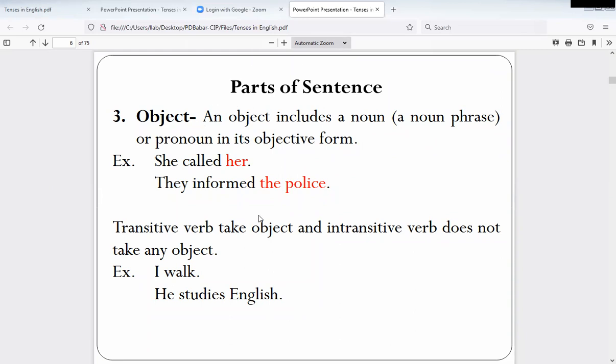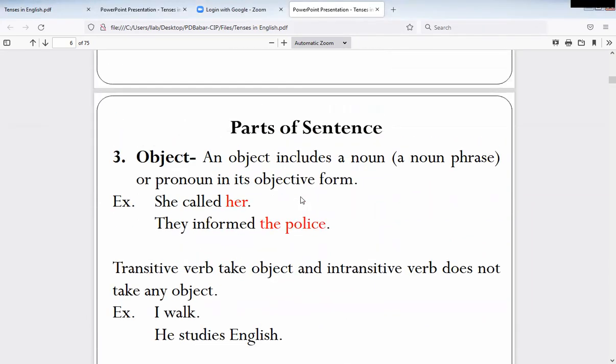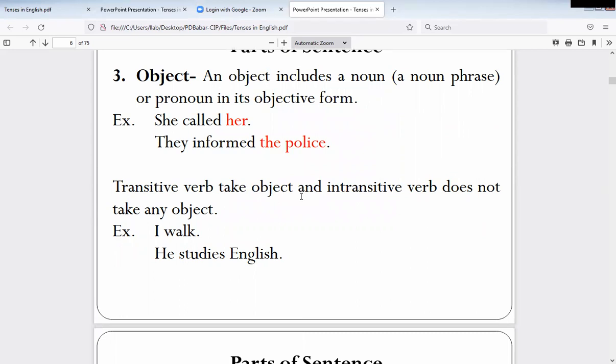That is why it is called intransitive. So a transitive verb takes an object and an intransitive verb does not take any object. Let's discuss it with examples. Let's see the first example. Example 1: I walk.